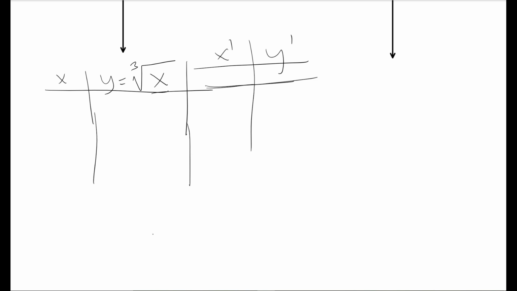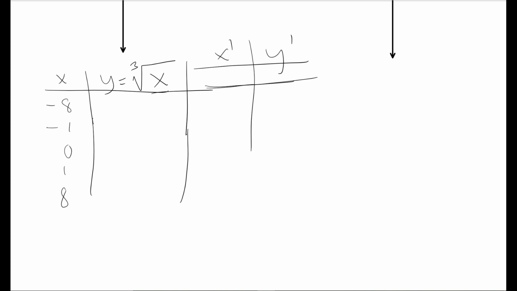Okay, so we're going to choose our values for x. Now remember that in the slide where we were doing the cube roots, we chose negative 8, negative 1, 0, 1, and 8, right? So I'm going to choose those 5 numbers just so that we have a nice looking graph.